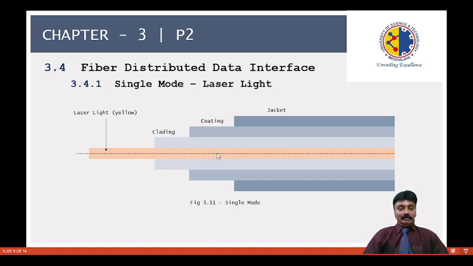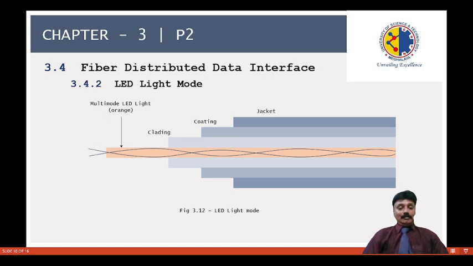It will move and it will be reflected, and it will be reflected, and it will travel towards the path. Then the coating is used to avoid electrical signals or other noise signals which may interrupt the laser light beams. Then the outside jacket is the gentle plastic cover which covers this entire unit of the cable.